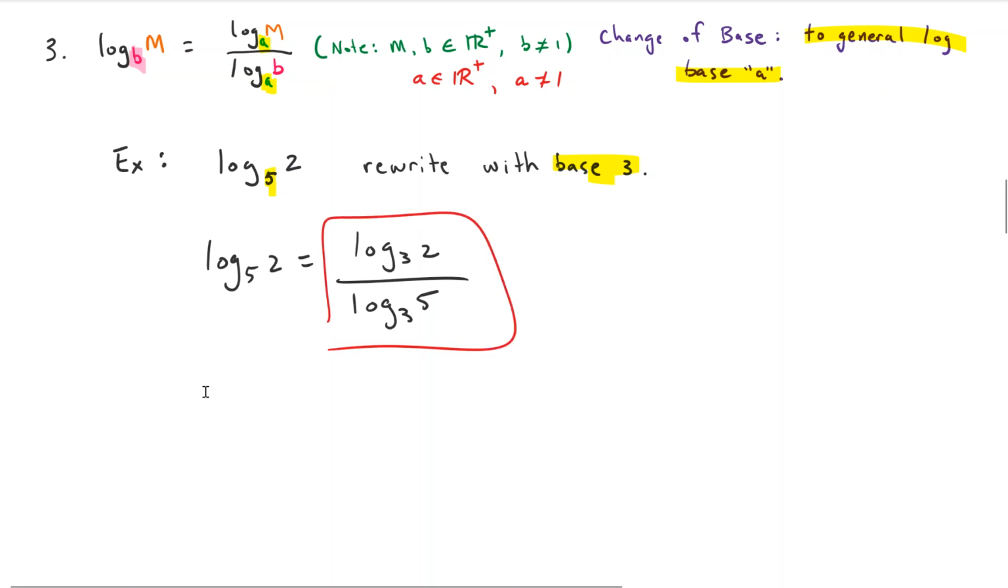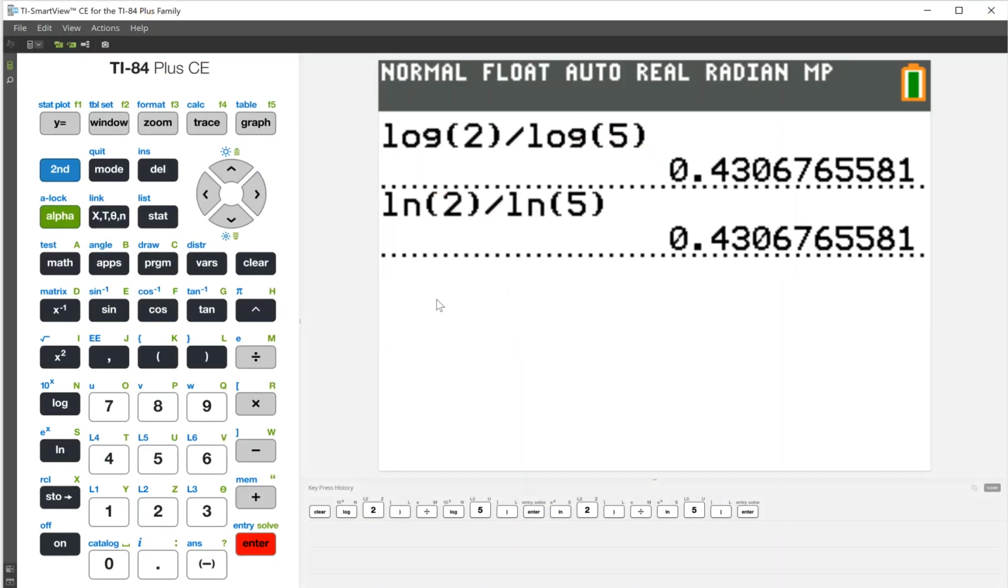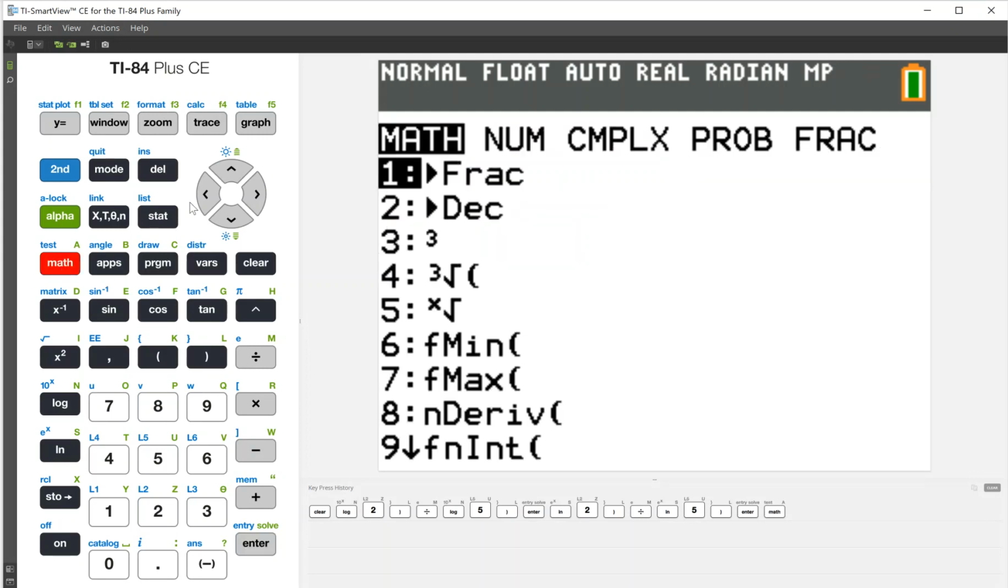So there is a way to compute this on some calculators. There's a way to compute a log of a base that's not 10, the common log, or e, the natural log. If you have a TI series, I'm using the TI-84 Plus CE here, you can go to the math field and then click down.